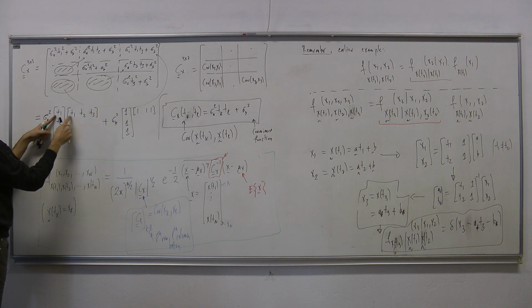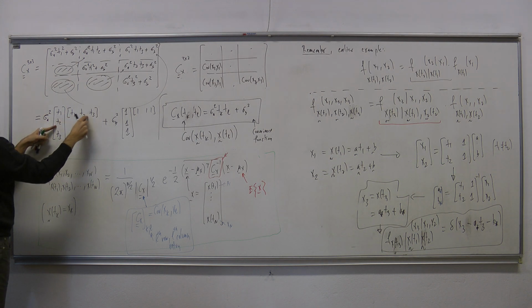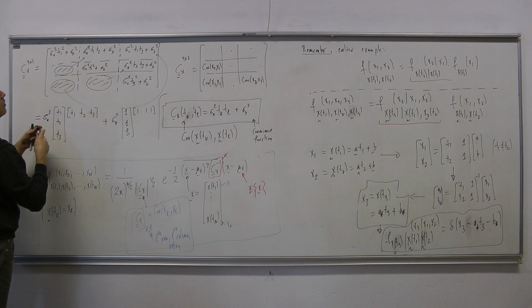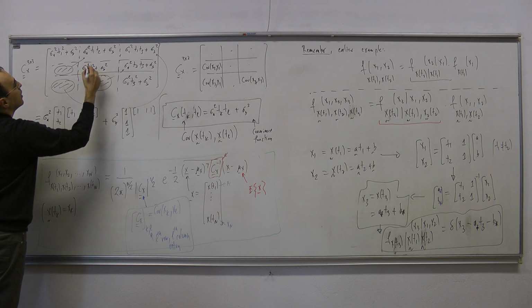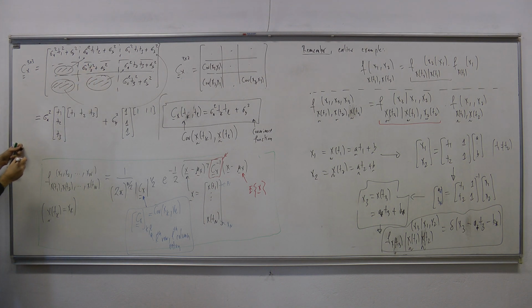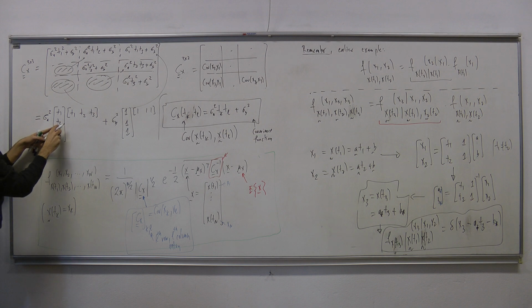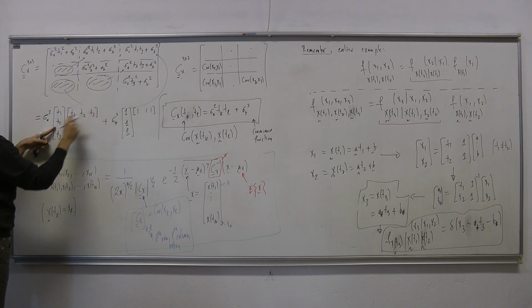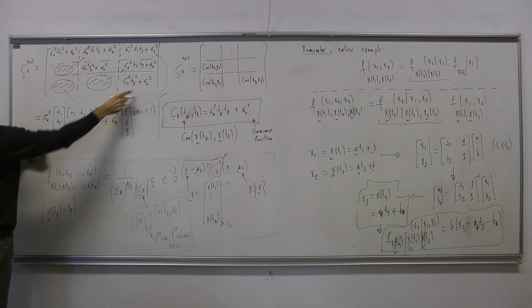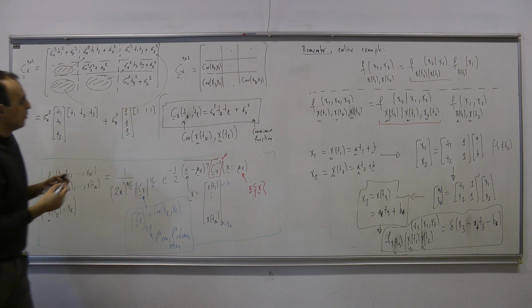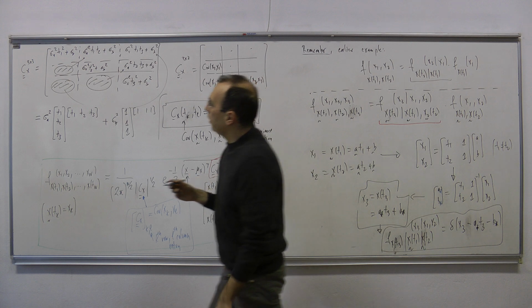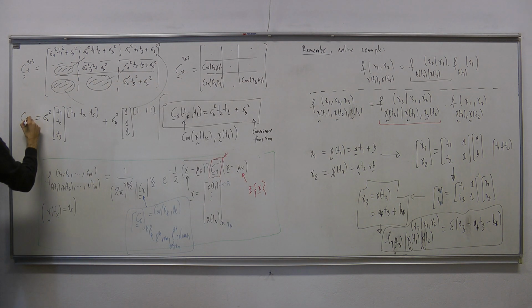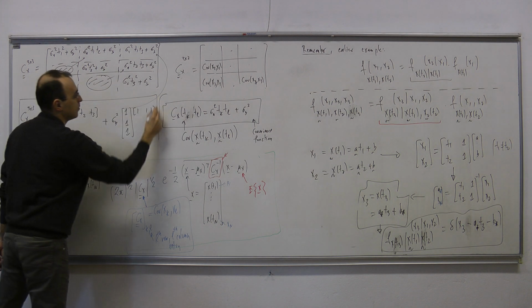Then you have T1 square, T1 T2, and so on. You have such a structure. T2 T1, T2 square, T2 T3, T3 T1, T3 T2, T3 square. Well, if I have a 3 by 3 matrix written in this form.